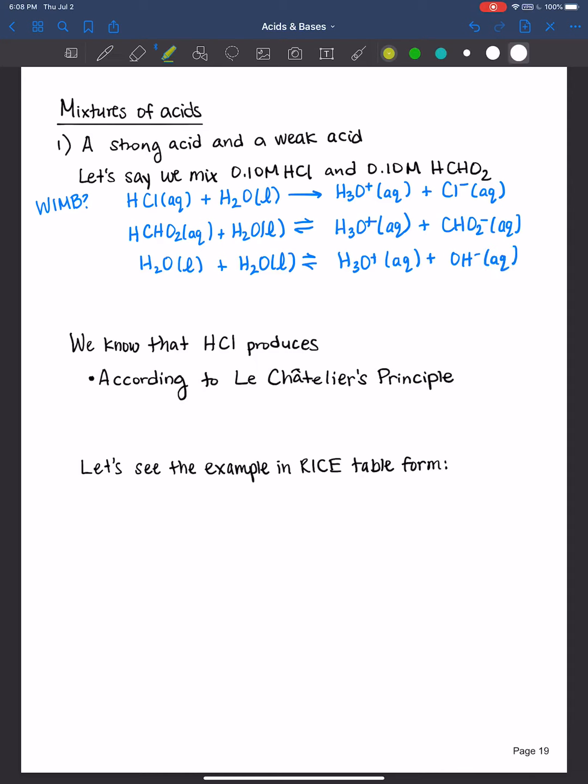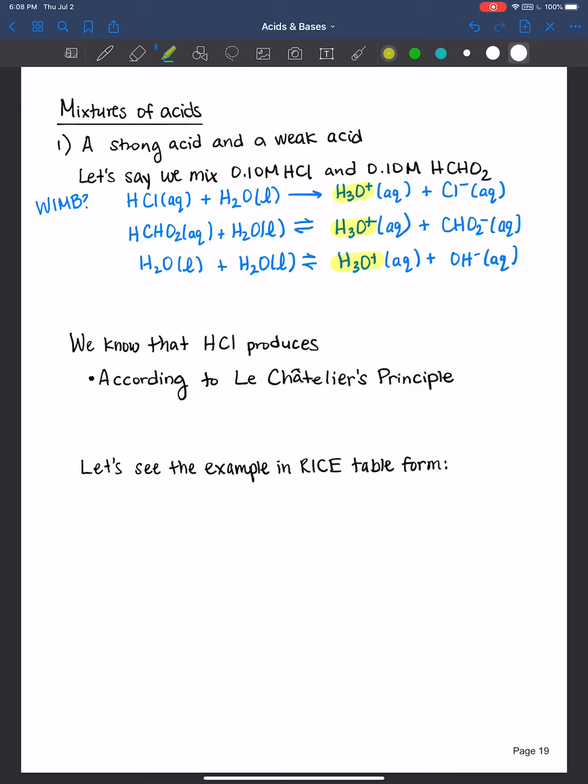And we know that to calculate the pH of a solution, it's the negative log of the hydronium ion concentration. So we've just shown here, if we have a mixture of hydrochloric acid and formic acid in an aqueous solution, we have these three possible sources of hydronium ions in solution to calculate our pH. That's a lot, huh?